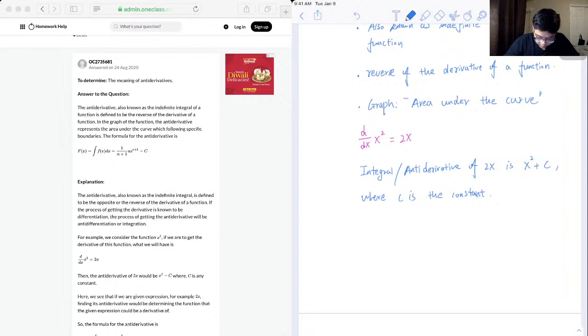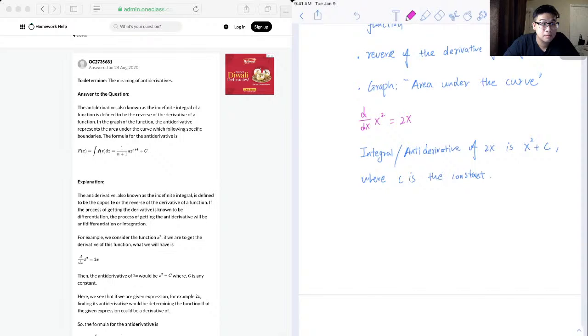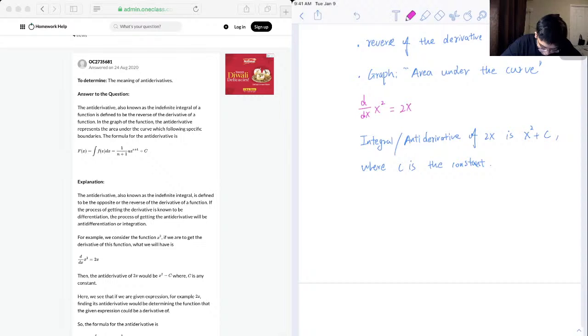Let's use another example. Let's say we want the antiderivative of 3x squared.